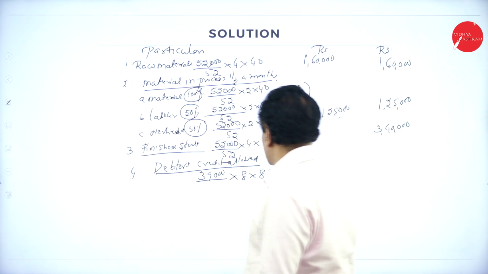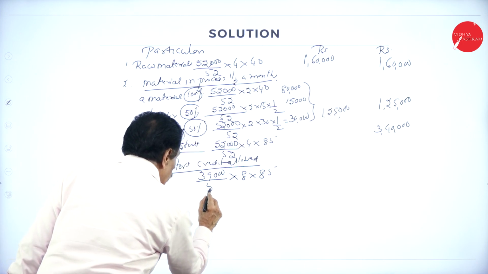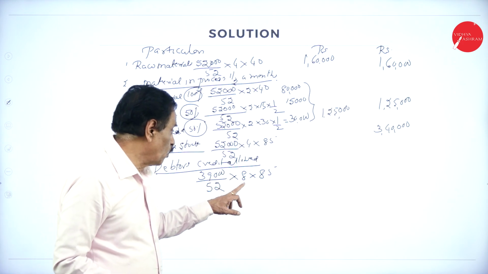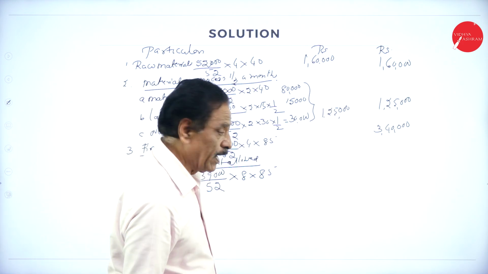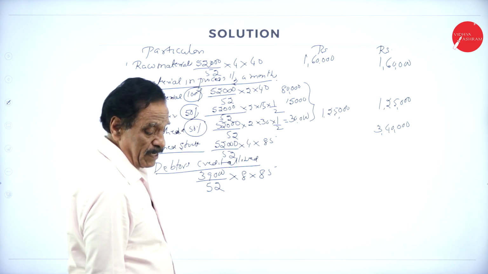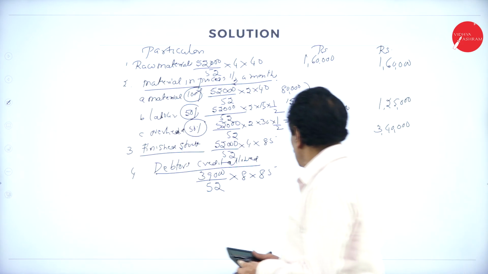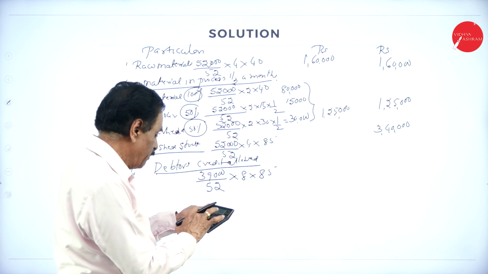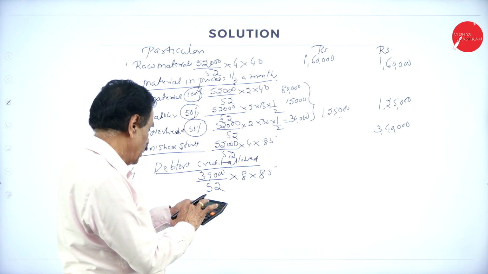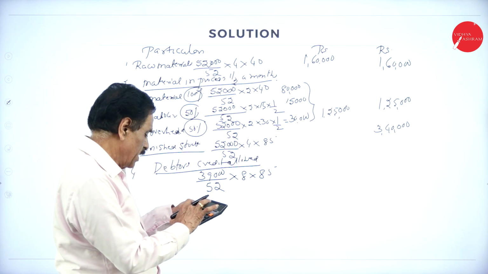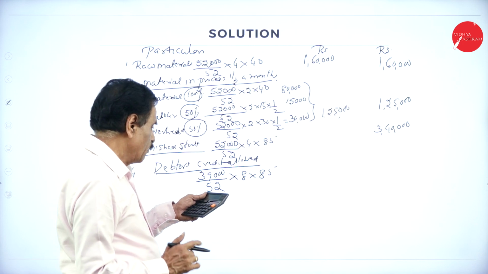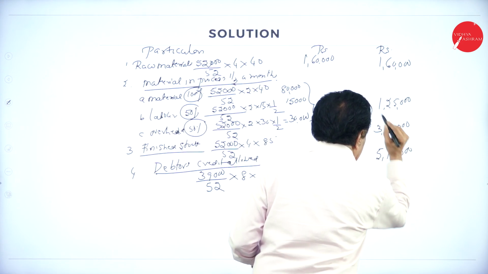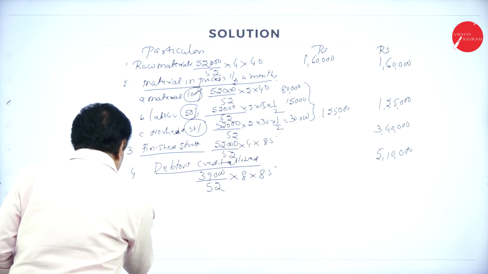Two months means 1 month is 4 weeks, so 2 months will be 8 weeks. So 39,000 divided by 52 into 8 into 85 is 5,10,000.